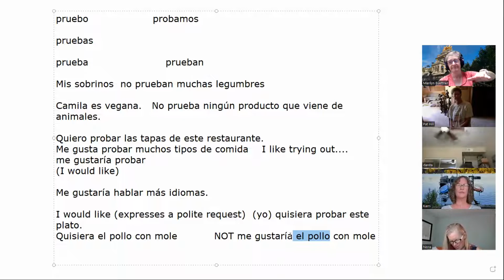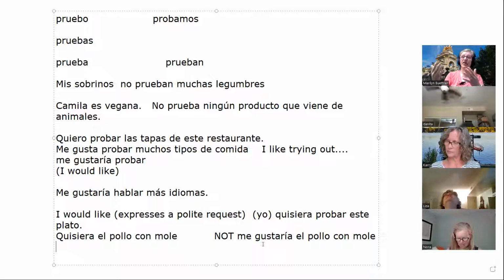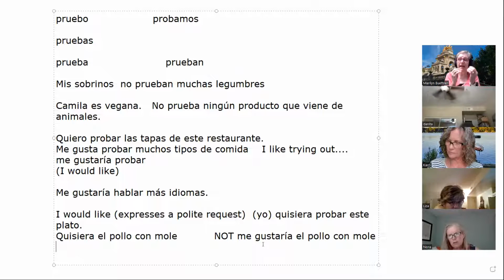So what's the difference between me gusta and me gustaría? Me gustaría is I would like, if I had the chance. Or you could ask a little kid what they're gonna be. But me gustaría is combined with a verb.